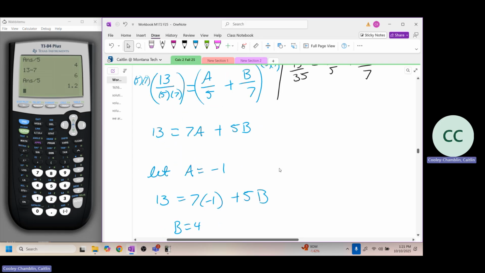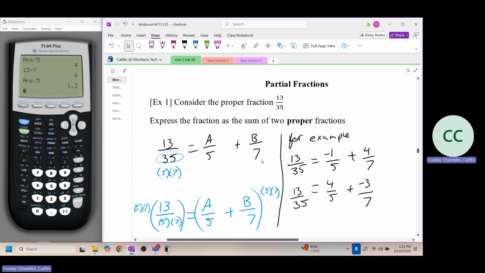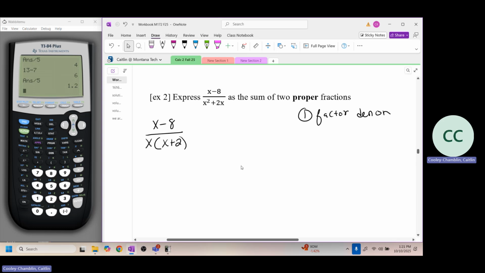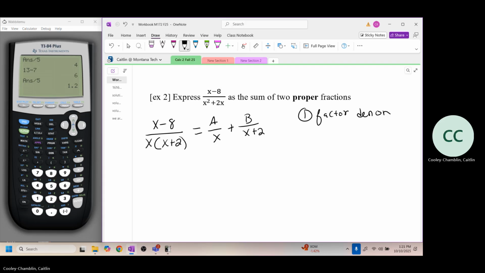Now, the next thing that I did up here was once I had these factored, I had a 5 and 7, I said I want something over 5 plus something over 7. We want the same thing here. So we want something over x plus something over x plus 2. Okay? So this is our new setup.